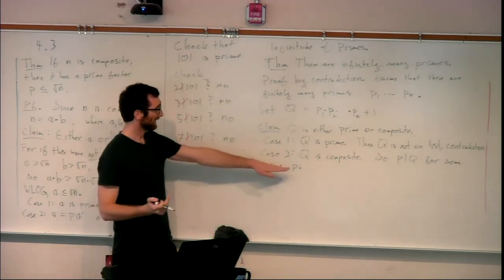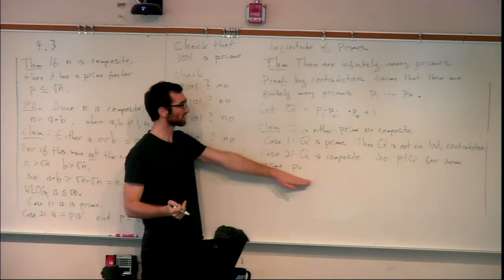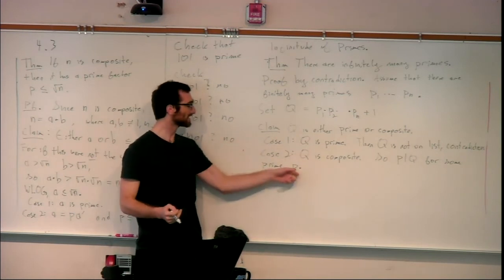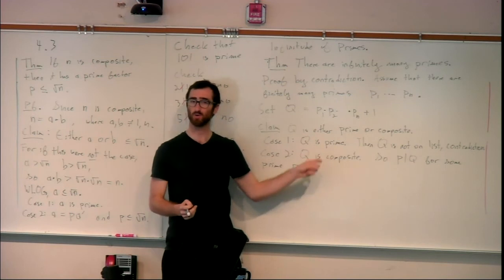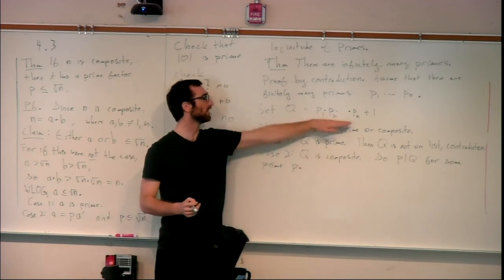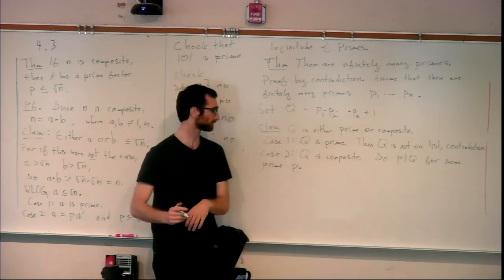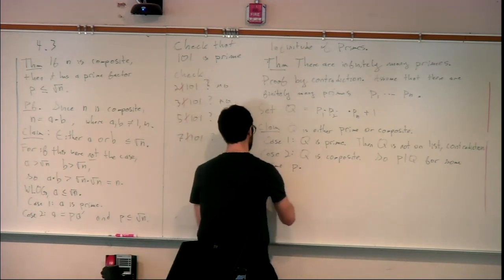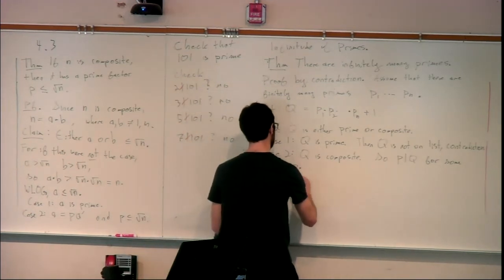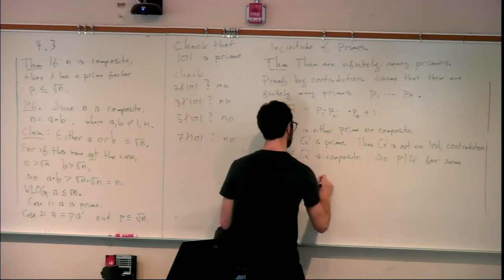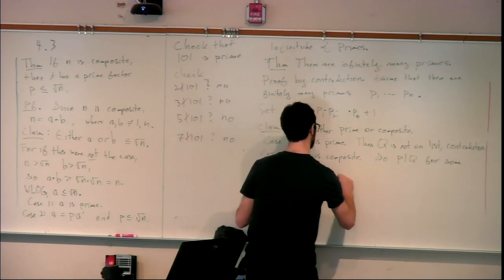So if Q is composite, it's divisible by some prime P. I claim that this prime P, which divides Q, cannot possibly be one of our list. Note that P is not inside the set P1 through Pn.